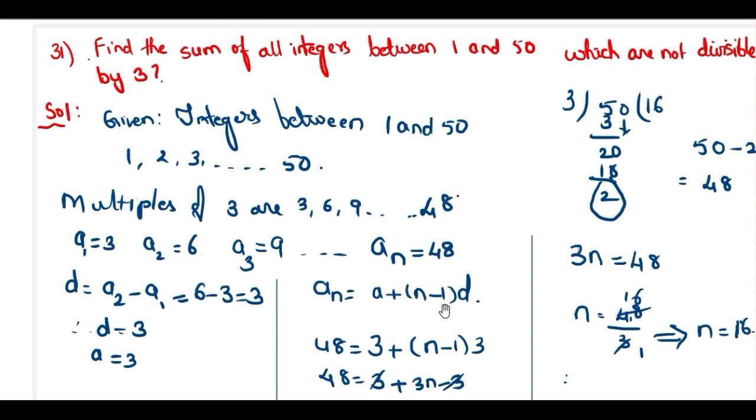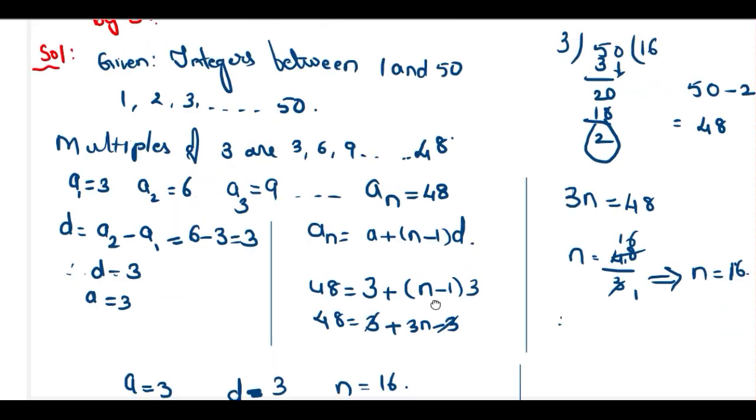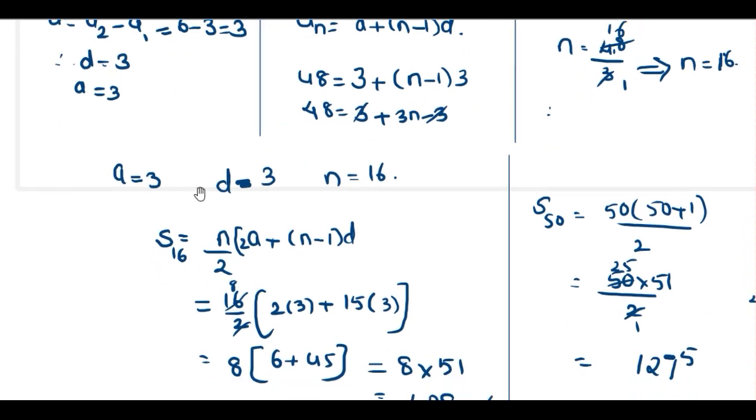AN is equal to A plus n minus 1 into D. So AN is 48, A is 3, n we do not know so we keep it as it is, and D is 3. The 3 and 3 get cancelled and we got the n value as 16. So totally there are 16 multiples of 3 between 3 and 48.